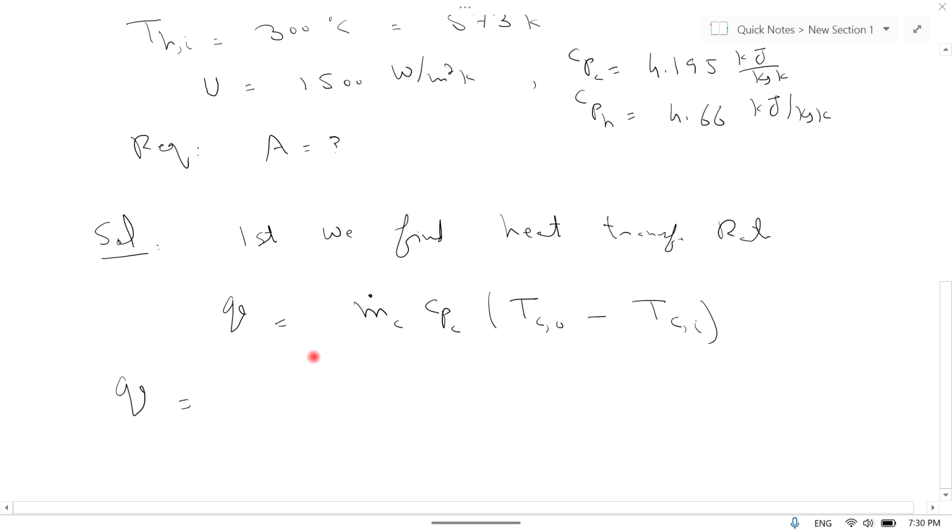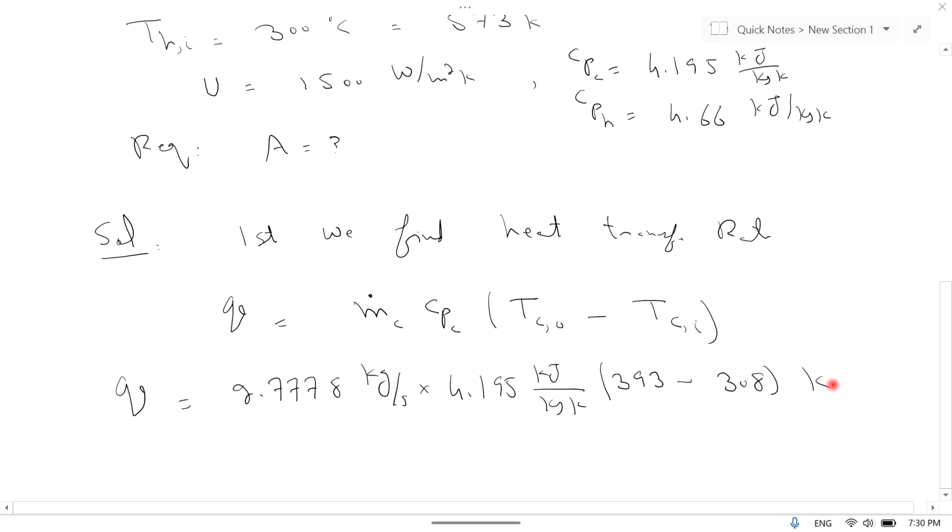Q is equal to m dot c, which is 2.7778 kilogram per second. Specific heat capacity of cold water is 4.195 kilojoule per kilogram per Kelvin. Temperature of cold water outlet is 393 Kelvin. Temperature of cold water inlet is 308 Kelvin. So Kelvin will be cancelled with Kelvin.